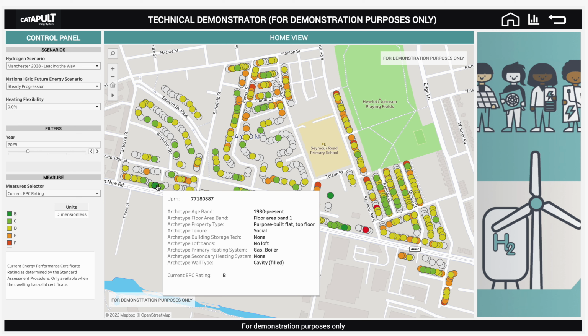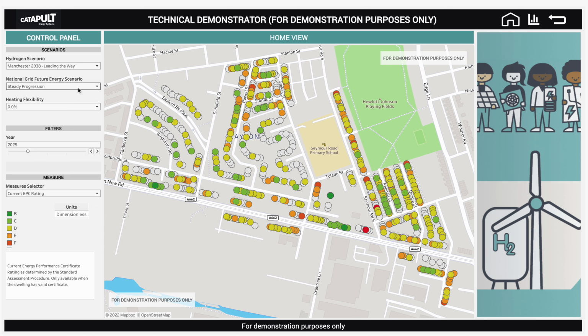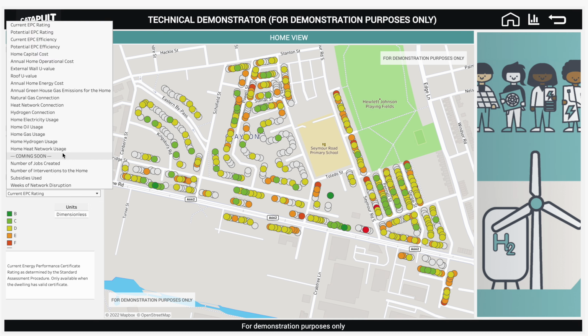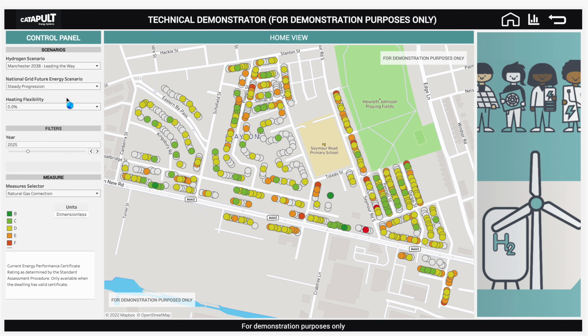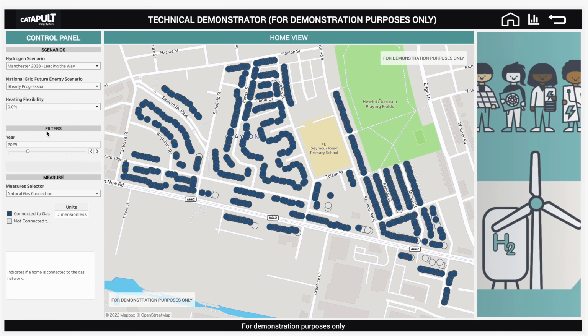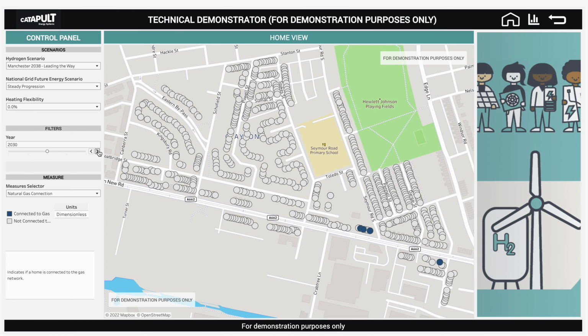We see who owns it. Is it social? Is it privately owned? Do they use a gas boiler? What's the heating system there? Again, all the scenarios apply and the time scales, so we can cycle through those. And we can do things like check connections. So gas connections, as you'd expect, most properties have a gas connection at this point in time, but we expect that to then be reversed.